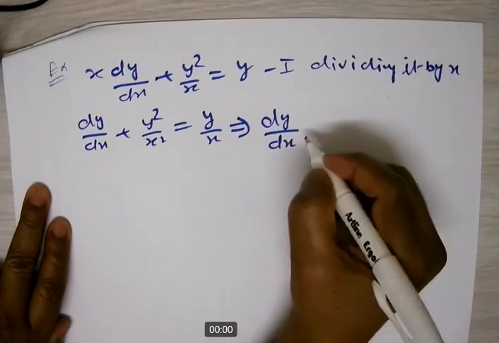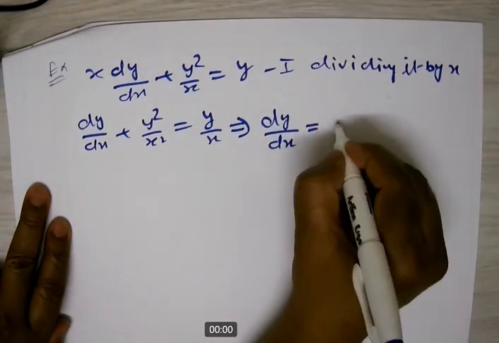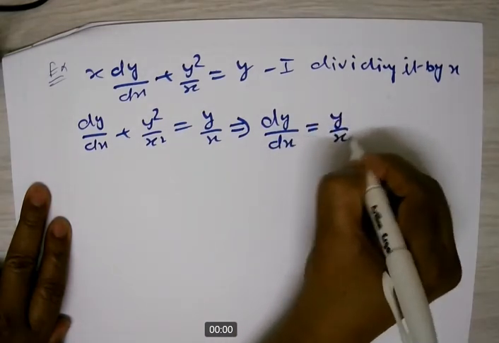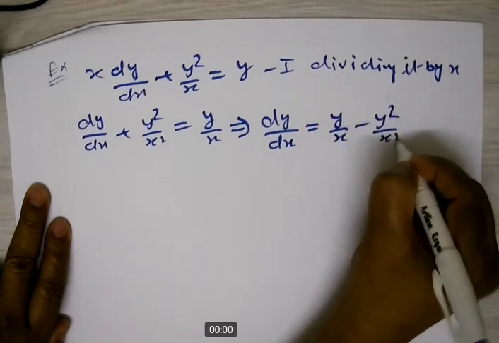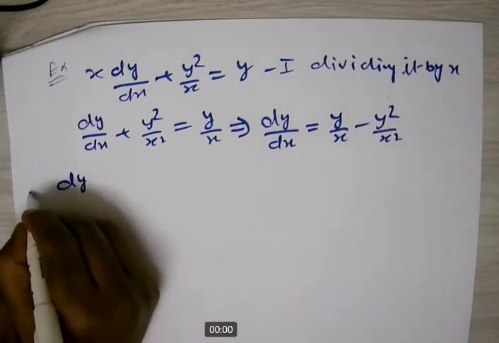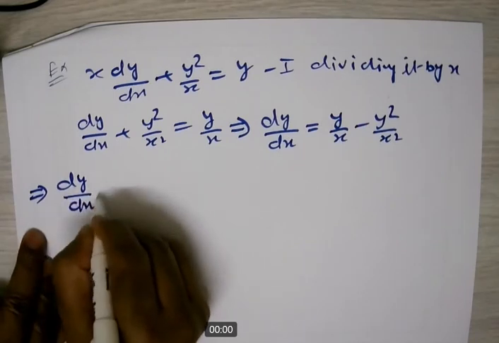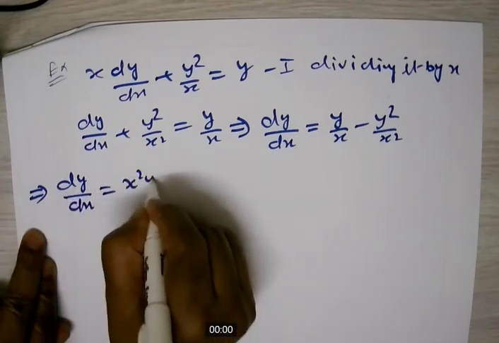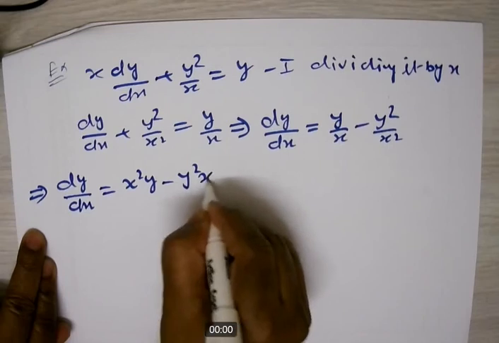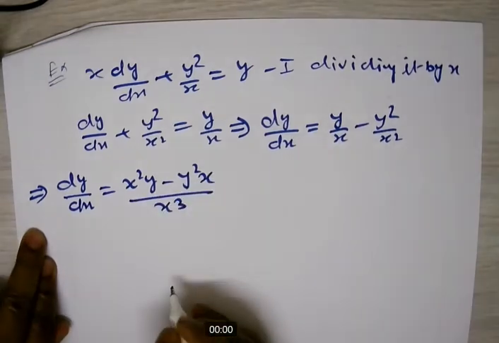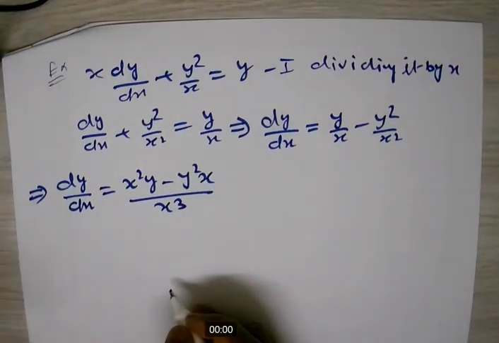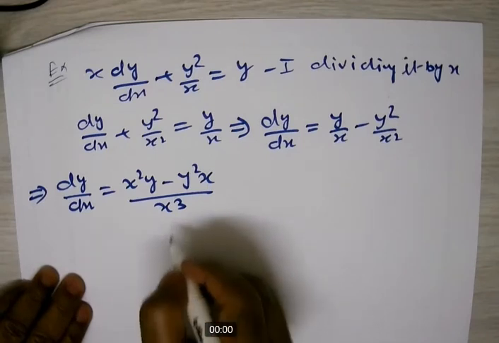For getting the values of M and N, write it like that: dy dx is y divided by x minus y square divided by x square, and simplify. So this becomes dy dx equal to x square y minus y square x divided by x to the power 3.